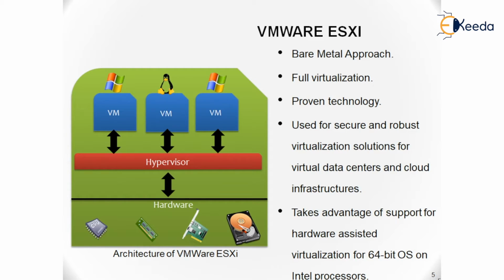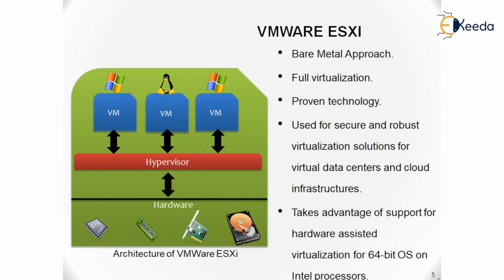It is also one of the latest technologies, mostly adopted in the data center. It is used as a secure and robust virtualization solution for virtual data centers and cloud infrastructure, and it takes advantage of hardware assisted virtualization for 64-bit operating systems on Intel processors.